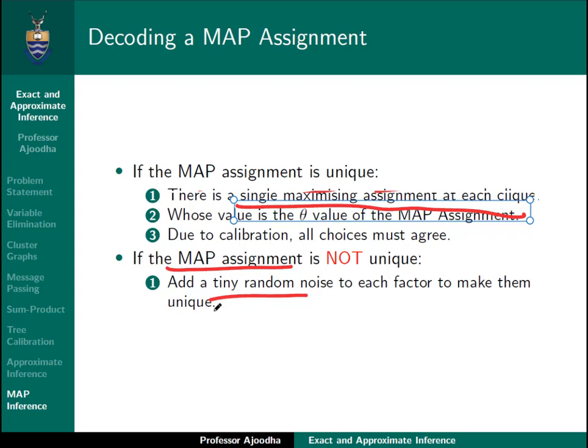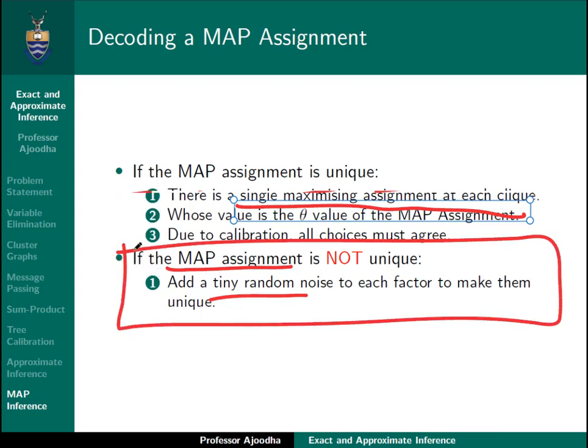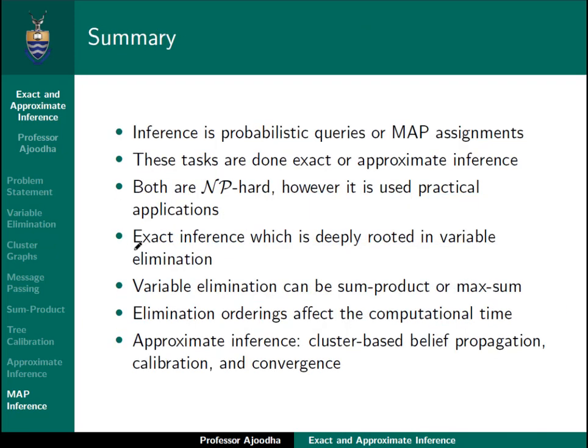That will make every factor unique. It'll make the MAP assignment unique. And if you do that, then you can just use the max sum as I've shown it to you. So this is what most people do if the MAP is not unique. We add a tiny noise and it gives us a unique assignment.